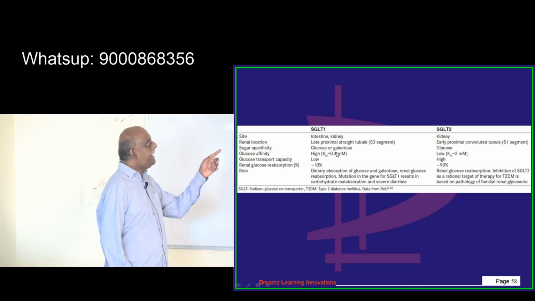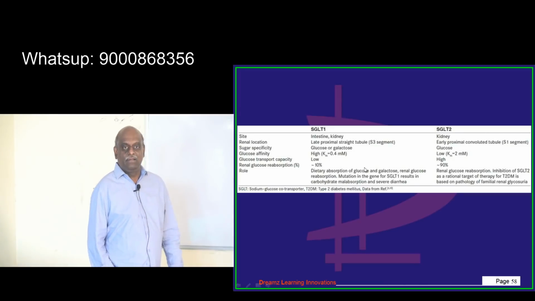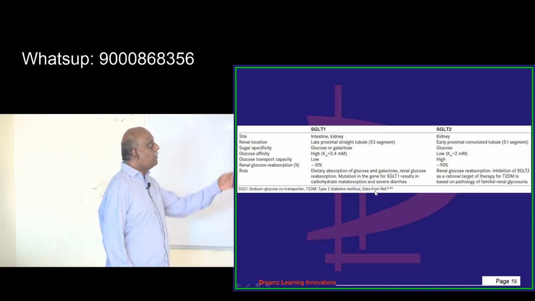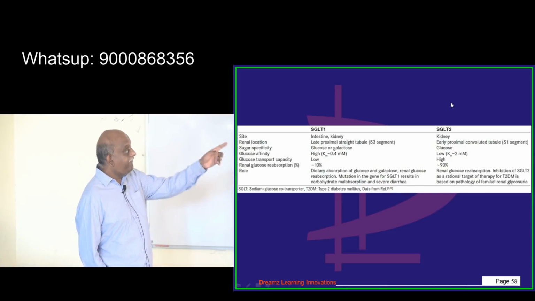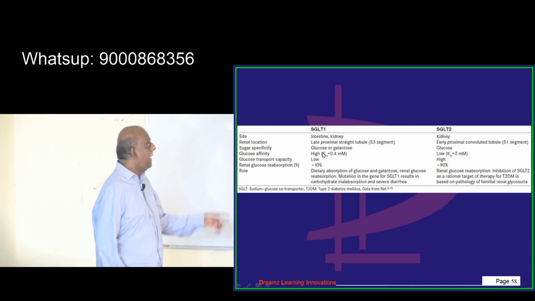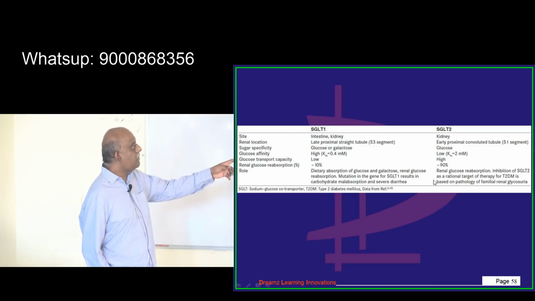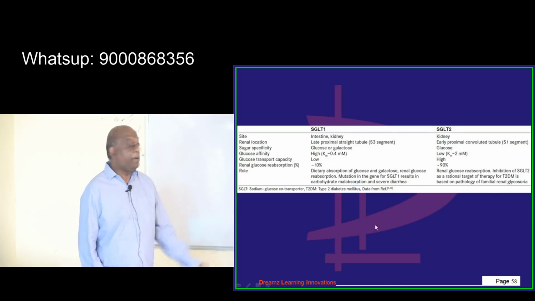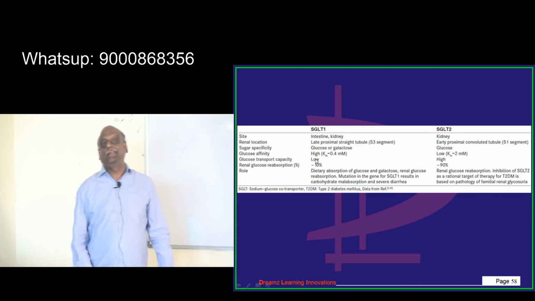Both glucose and galactose are transported by SGLT1, but only glucose by SGLT2. And the glucose transport capacity is very high for the SGLT2 and very low for the SGLT1. And the renal glucose reabsorption is mainly because of the SGLT2, but not by SGLT1.